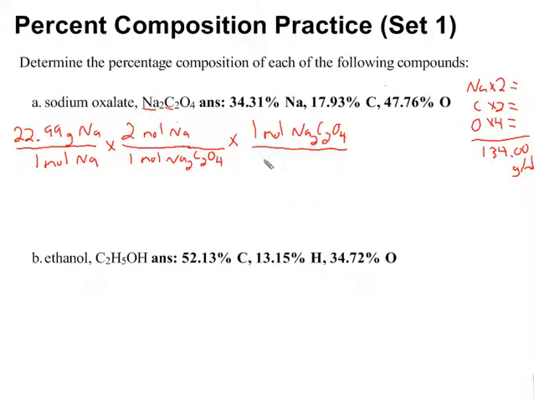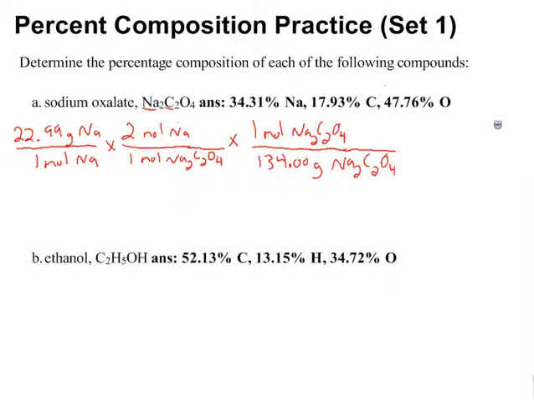So we plug in that number here, and we have 134.00 grams of Na2C2O4. I'm going to delete this so it's not in our way. On the paper you're working on, you can write stuff like that out in the margins and keep the clean part in the middle so I can follow along with your work.